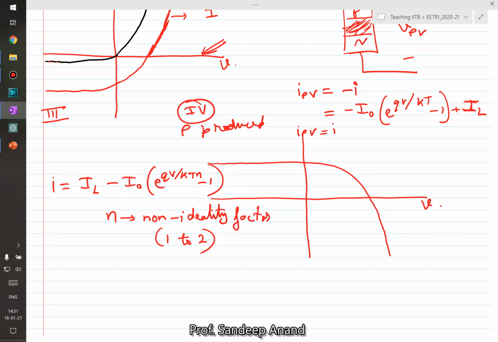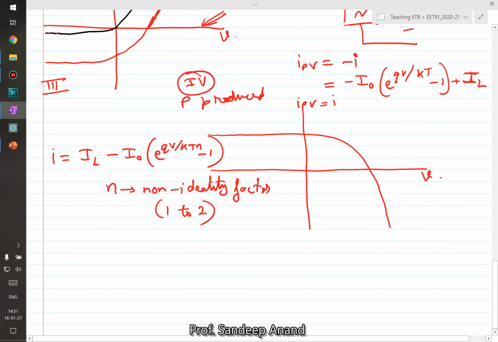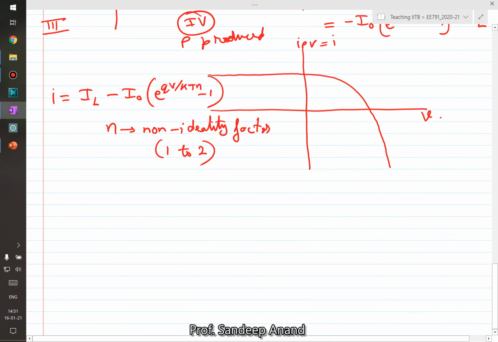In addition to this, there are a few more non-ideal behaviors that exist in a solar cell. And one of them which does impact our characteristics significantly is the presence of resistances. So again I will draw a simple diagram showing the PN junction.